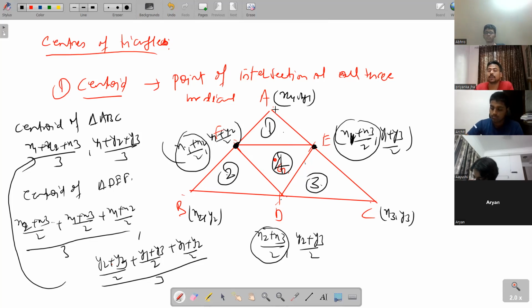So if you are given the area of the big triangle ABC and you are asked to find the area of any of the small triangles, you simply have to take 1/4 of that, right?